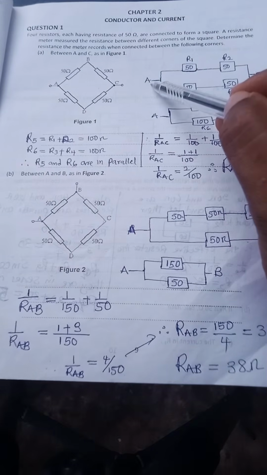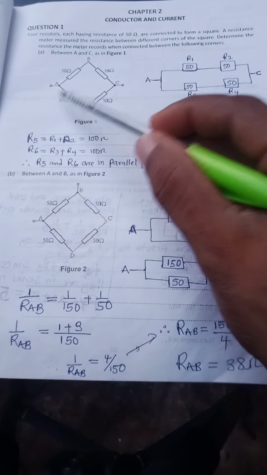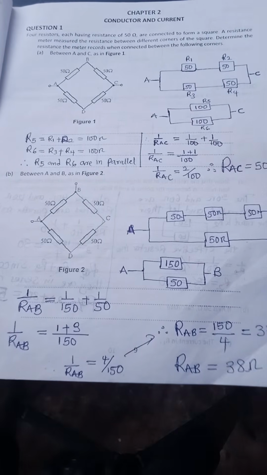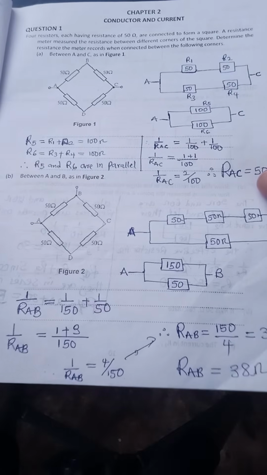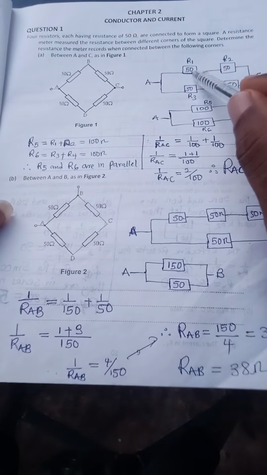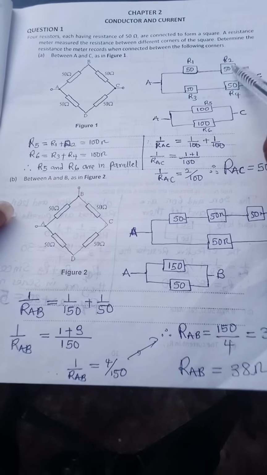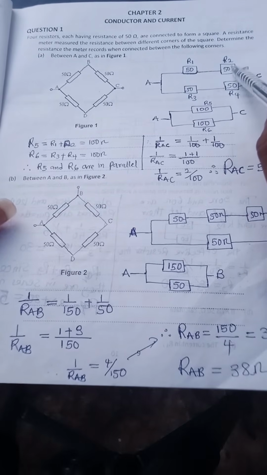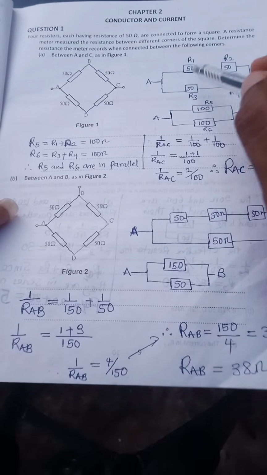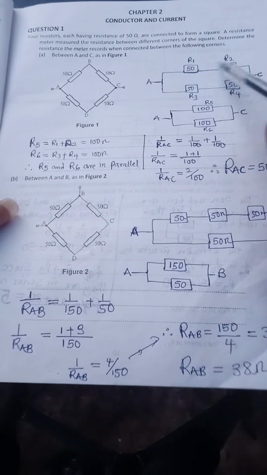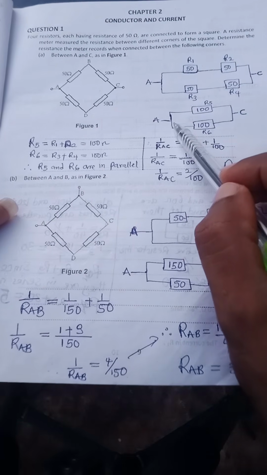So the terminal is from A to C. Now, we assume that R1 and R2 are in series, and equally R3 and R4 are in series. So you have to get a combined resistor from here, which I reduce the diagram like this.